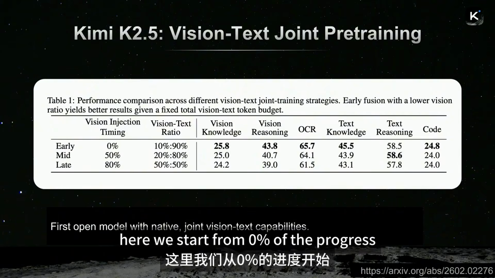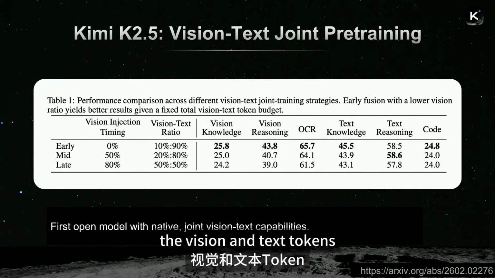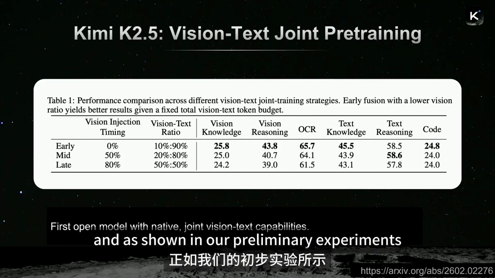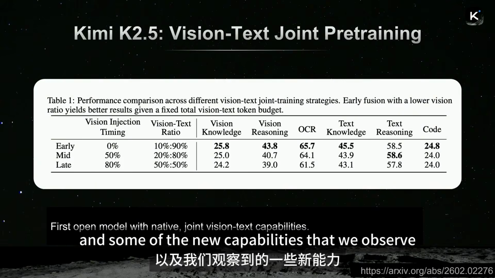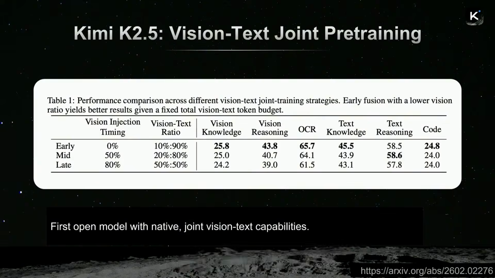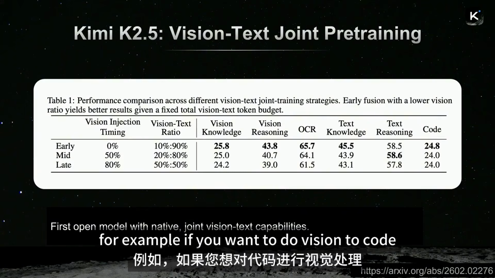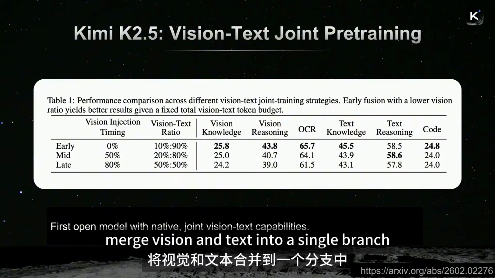We start from 0% of the progress. So from day one, we merge the vision and text tokens, and as shown in our preliminary experiments, it outperforms late fusion. And some of the new capabilities that we observe also come from this training recipe. For example, if you want to do vision to code, you really have to merge vision and text into a single brain to achieve that.